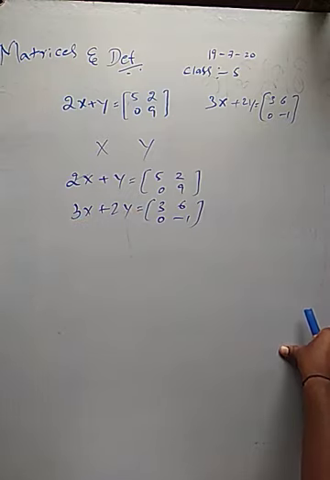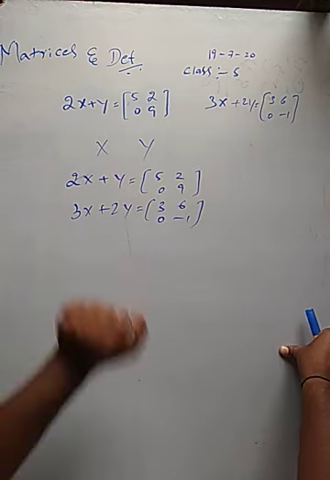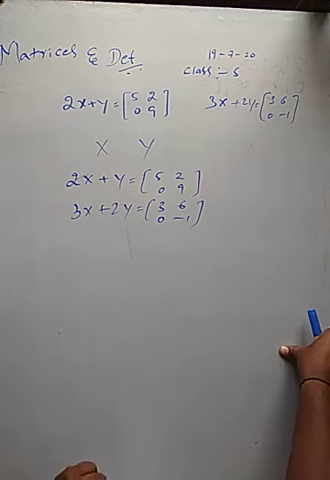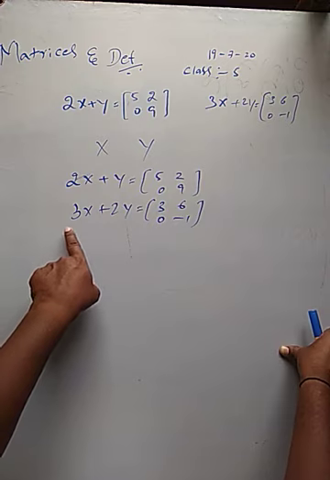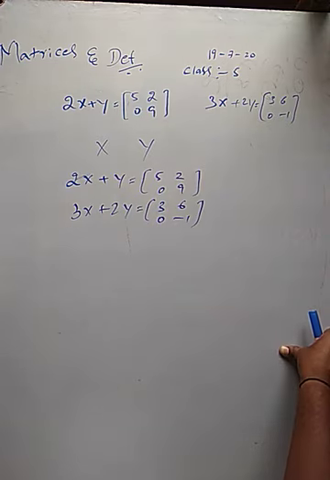Now the coefficients of X and Y are different. How to solve this problem? How to find the matrices capital X and capital Y? Even if you subtract or add, neither X nor Y gets cancelled. Then what to do?